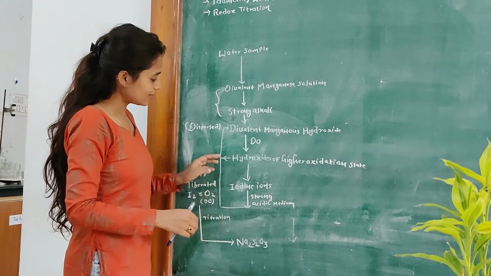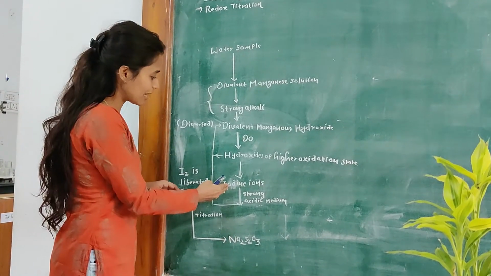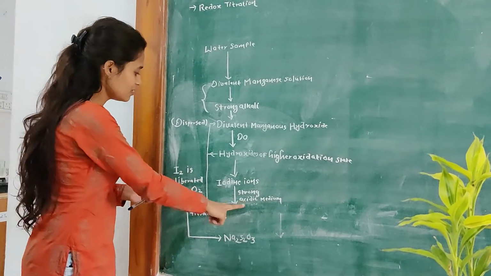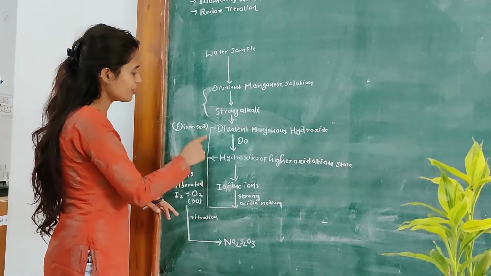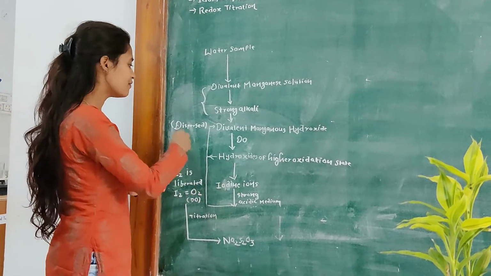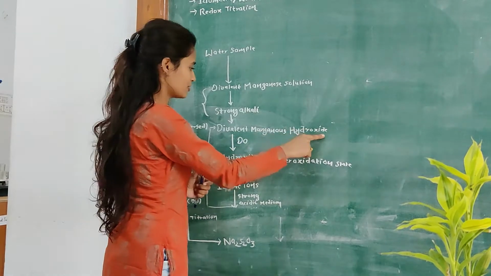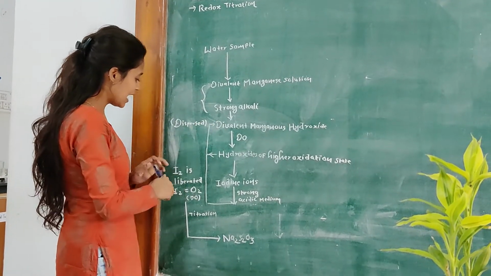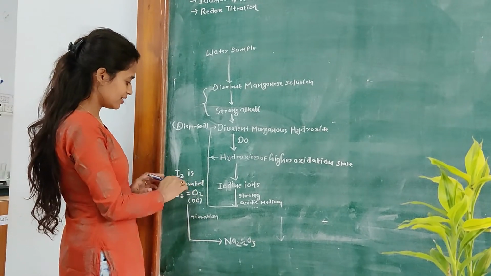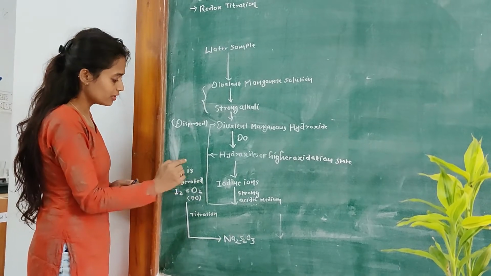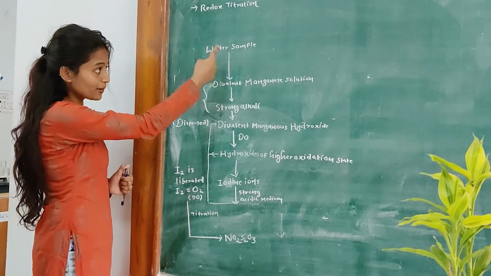After providing iodide ions in strongly acidic medium, this higher oxidation state hydroxide reverts back to divalent manganese hydroxide. And in this process, I2 is liberated, and this I2 will be equivalent to the DO of the water sample which was present initially.